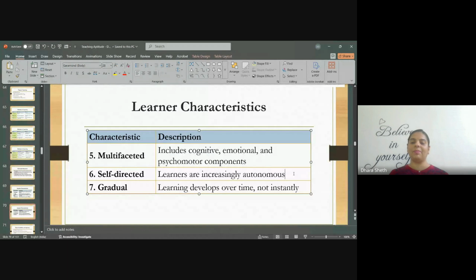You just put your name and that school is affiliated with the tuition classes, and you don't have to go to school. Now only the tuition class teacher is teaching you, and then you memorize it and give exams. And all of a sudden you come to college where no one is teaching anything and you get confused. So self-directed, and gradual, learning develops over time.